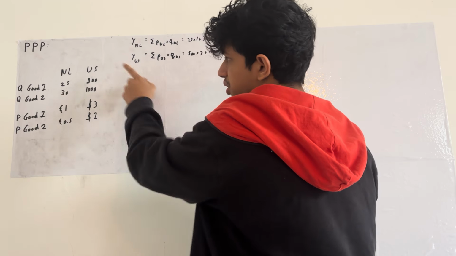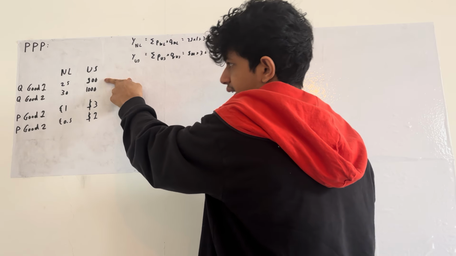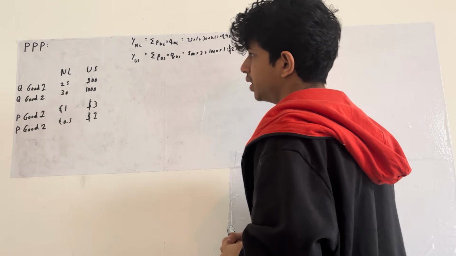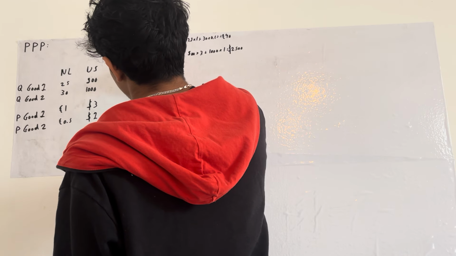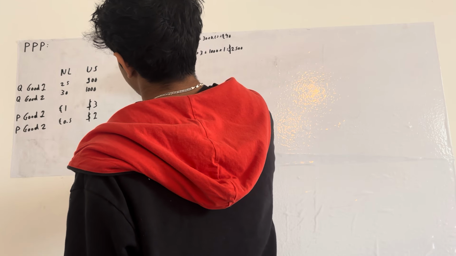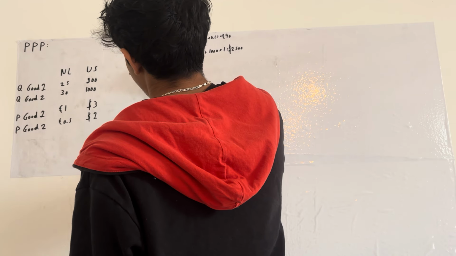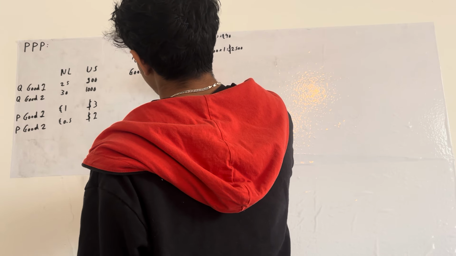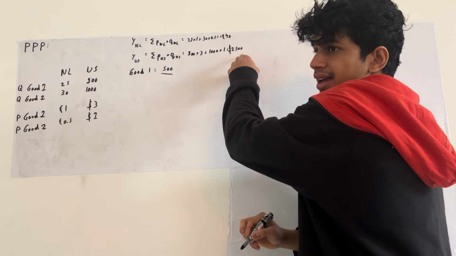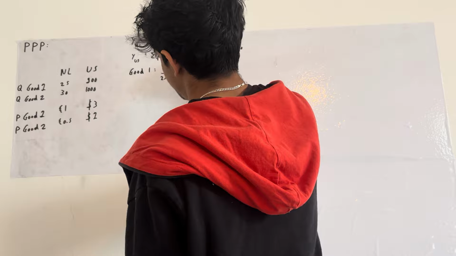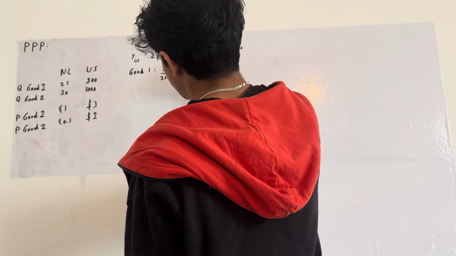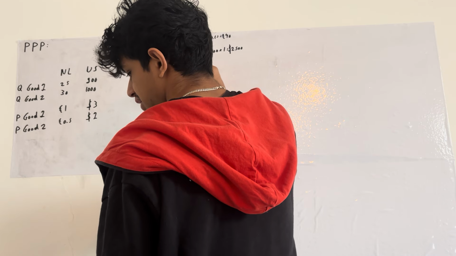So first, you'll get the quantity of good 1 and good 2. Okay, the quantity of good 1 for the US is 500. So let's start with good 1. Now we'll see it's 500, and we divide by our GDP, which is 2,500. And that should give you 1 over 5.